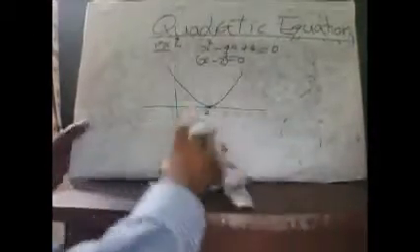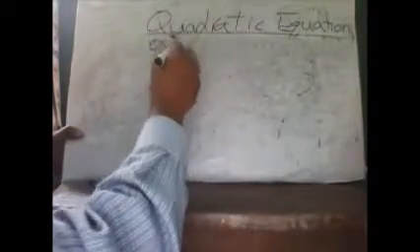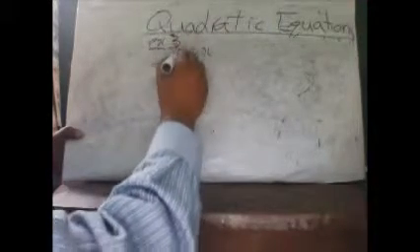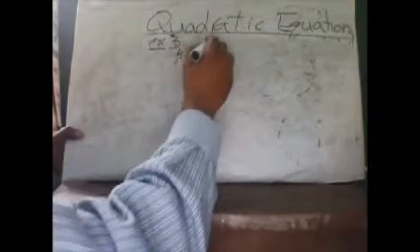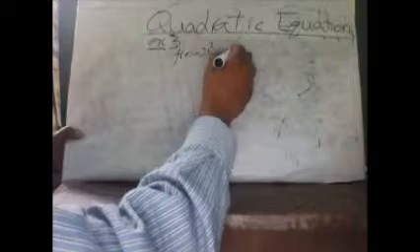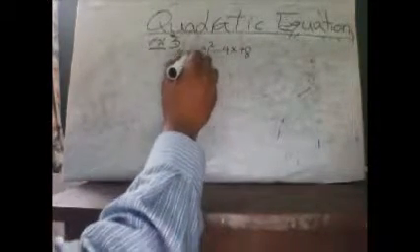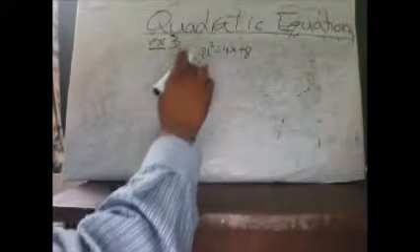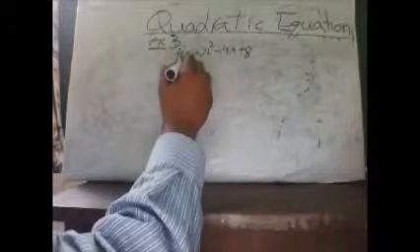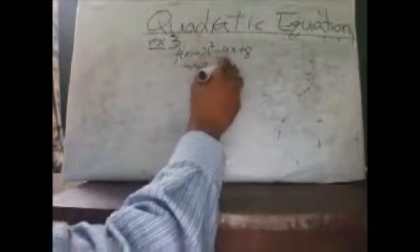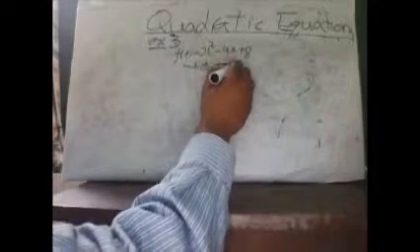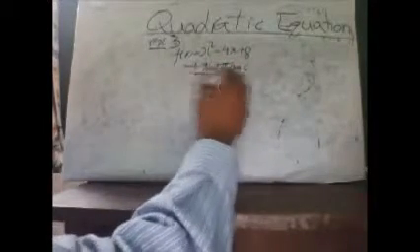Now the third example. f(x) is equal to x square minus 4x plus 8. Its roots are (minus b plus minus square root of b square minus 4ac) upon 2a.